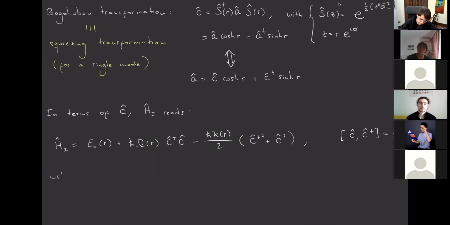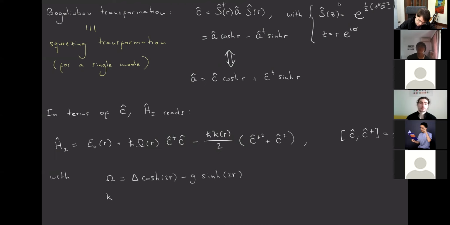So in particular, the parameters that I defined in this Hamiltonian are the following. If you just introduce this transformation into the Hamiltonian, you can write down things in this simple way. The term in front of C dagger C can be written as delta times the hyperbolic cosine of 2R minus G times the hyperbolic sine of 2R.